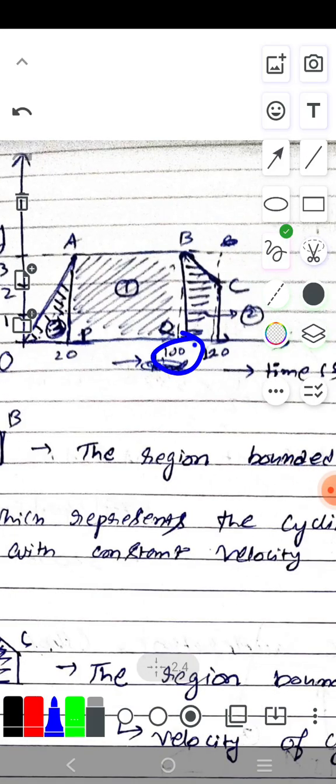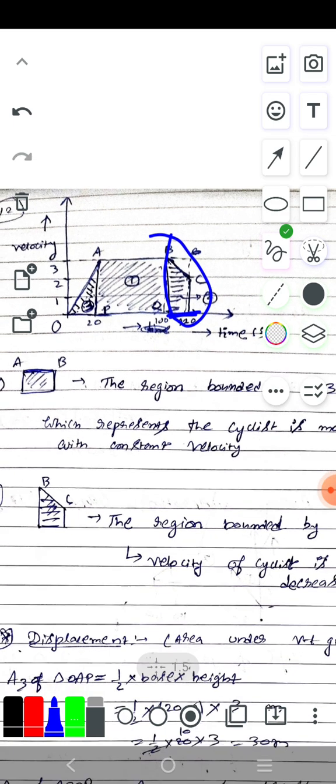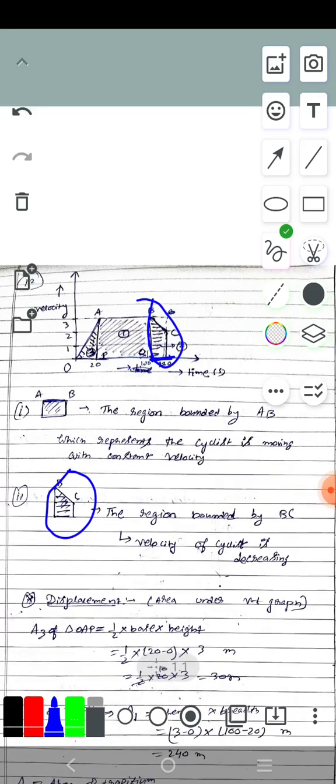That means in this time period, 100 second to 120 second, the graph represents that the velocity is decreasing. So this trapezium region, bounded by the curve, represents that the velocity of the cyclist is decreasing.